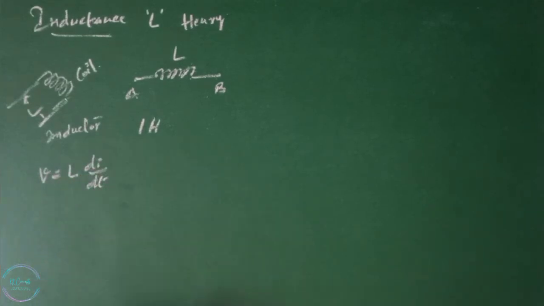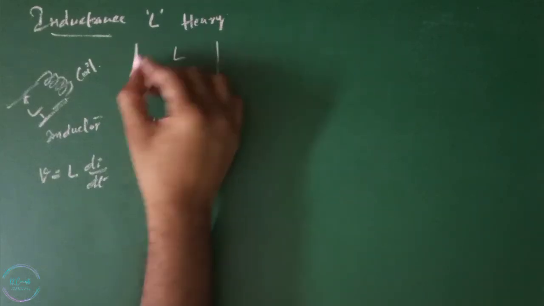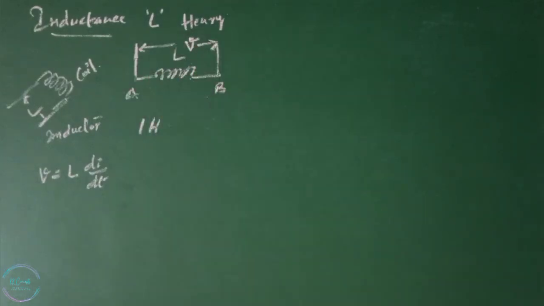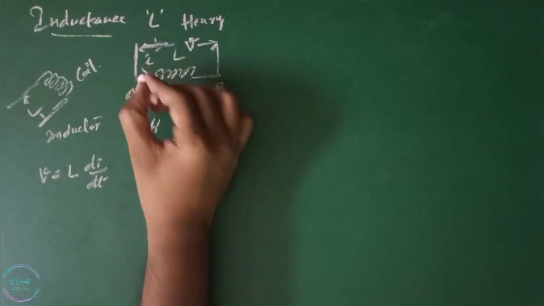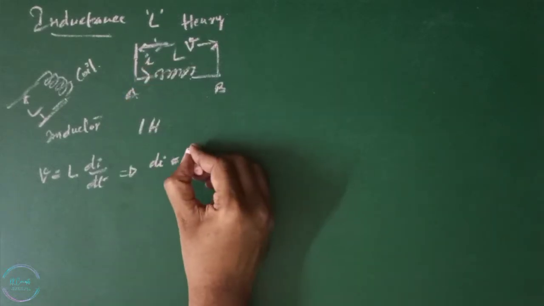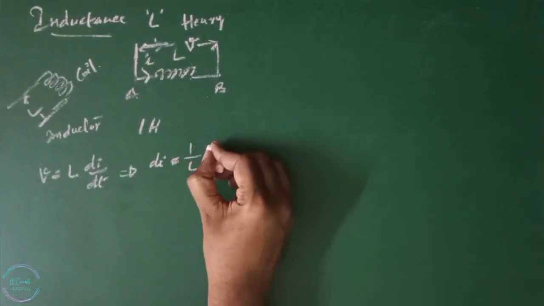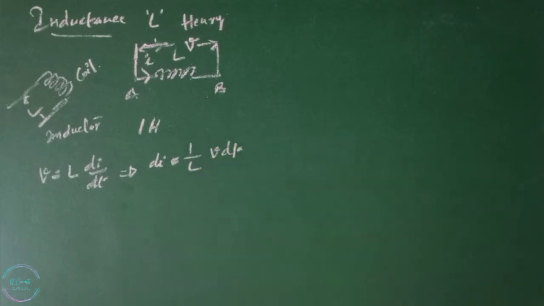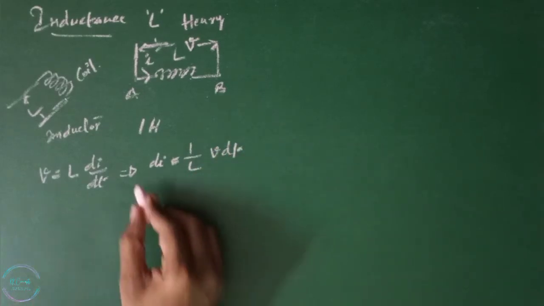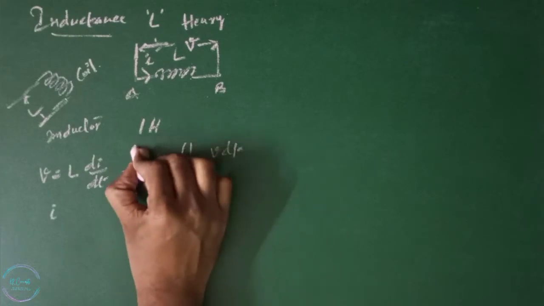Where V is the voltage across the inductor and I is the current through the inductor. di equals 1 by L V dt. Now integrating on both sides between 0 and t seconds.